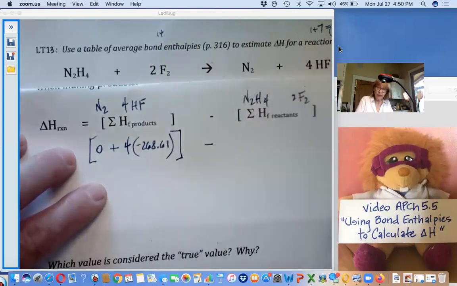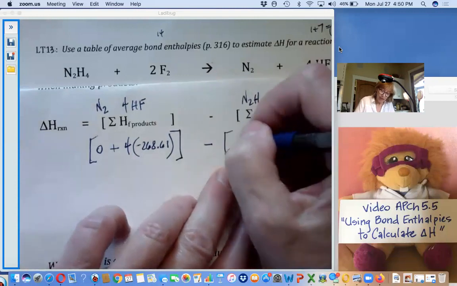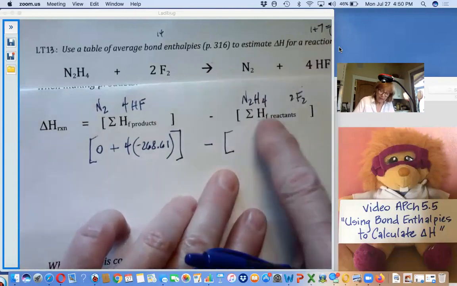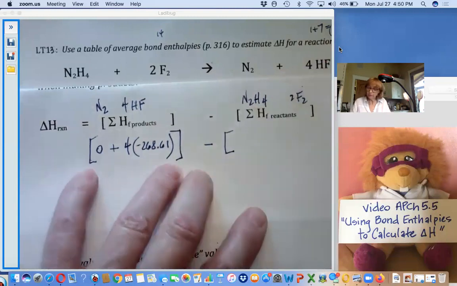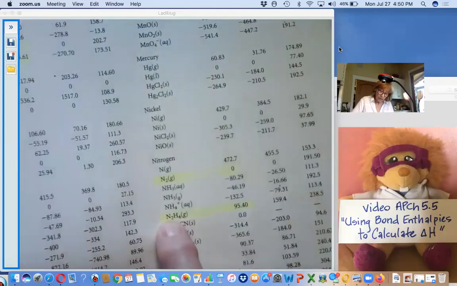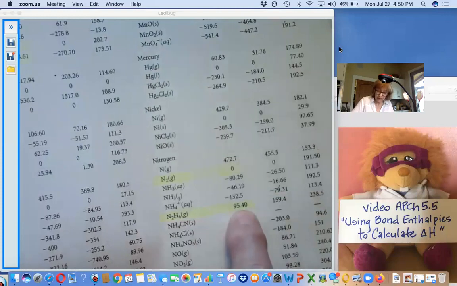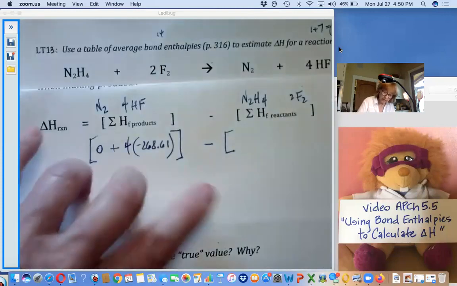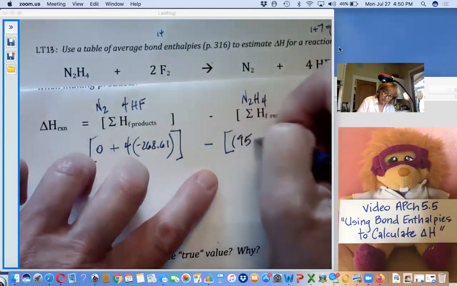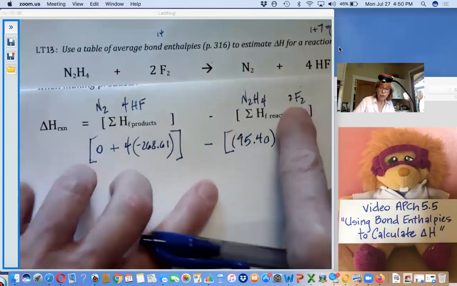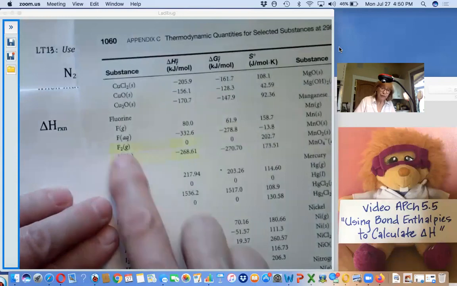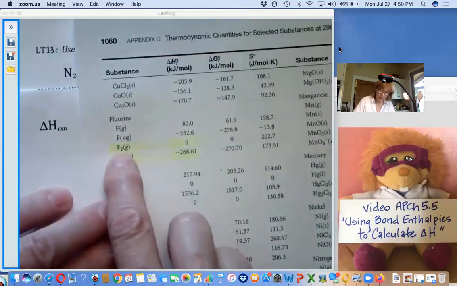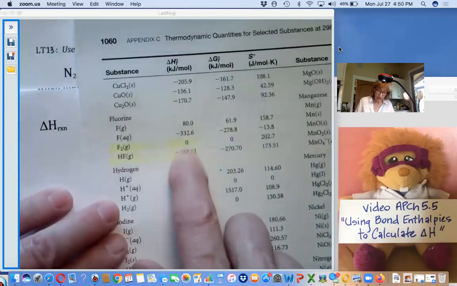And then we'll be subtracting the sum of the heats of formation of our reactants, starting with N2H4, heat of formation positive 95.40. And the 2 F2 molecules. Now, fluorine, F2, is an element. Elements have a heat of formation of 0.